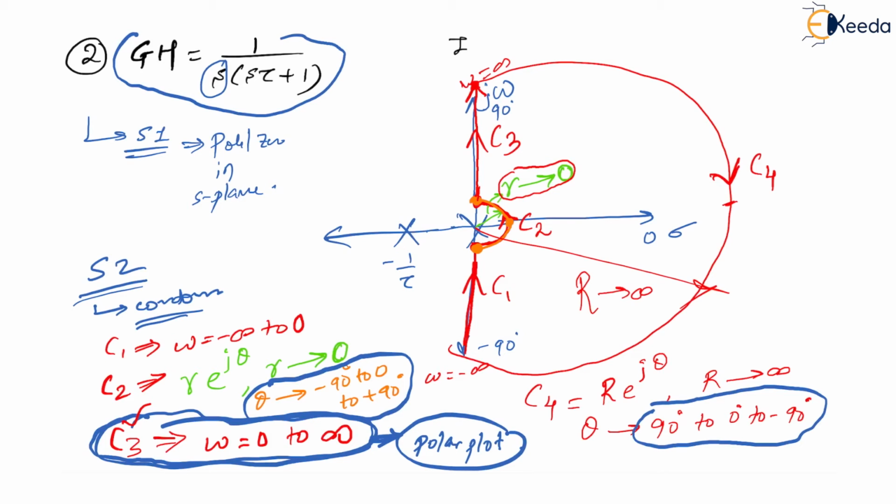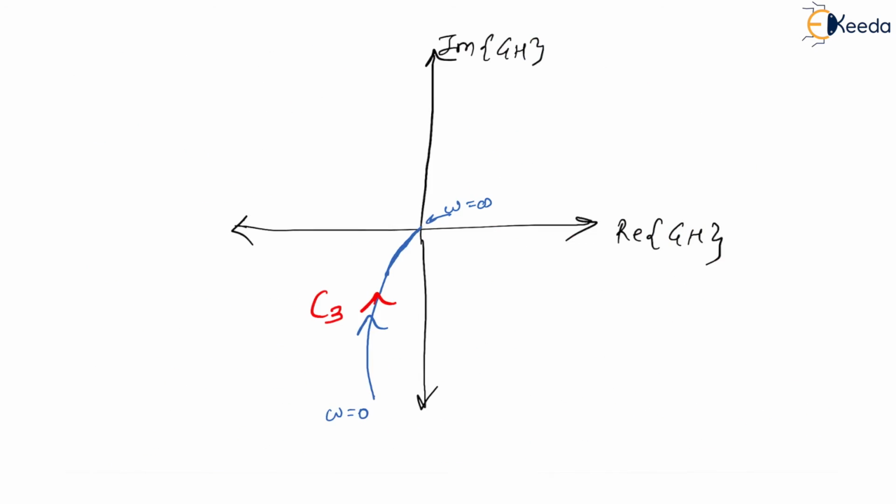Next is the C1 contour. C1 is omega equal to minus infinity to 0, which means exactly reverse. So I am going to have a mirror image here this way. Now always remember, Nyquist plots are always continuous in nature.